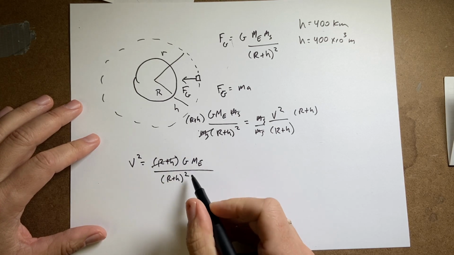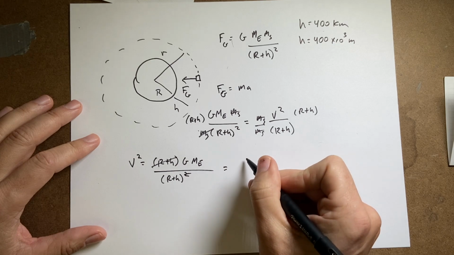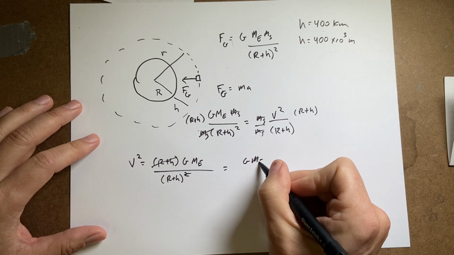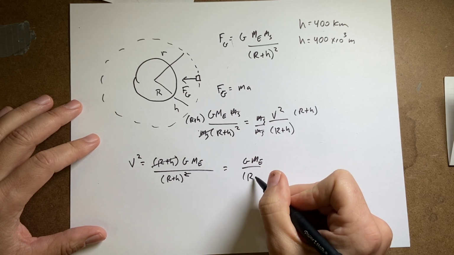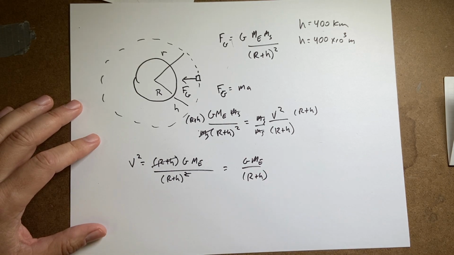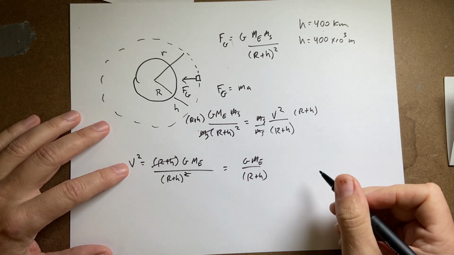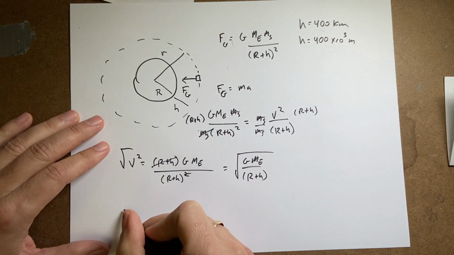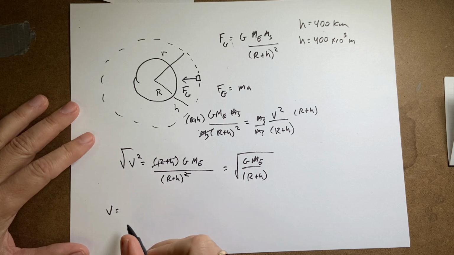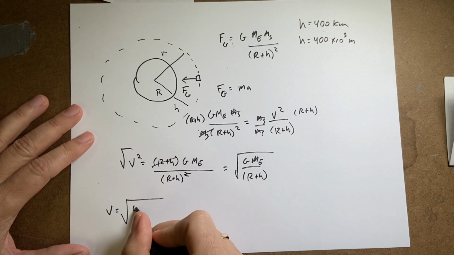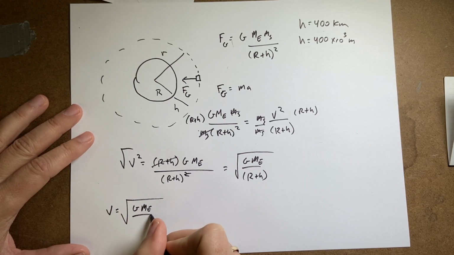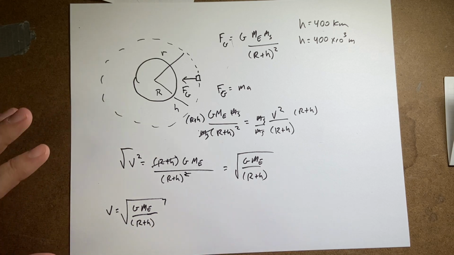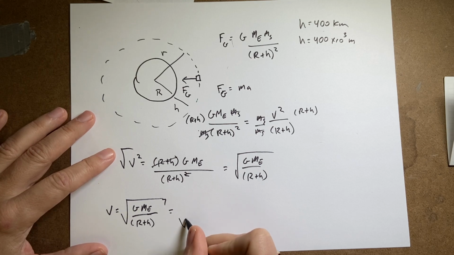So this cancels with one of those, and I get G, mass of the Earth, over the radius of the Earth plus h is equal to v squared. Now to get v, I just take the square root of both sides, and I get v equals the square root of G, mass of the Earth, over the radius of the Earth plus h. That's it.